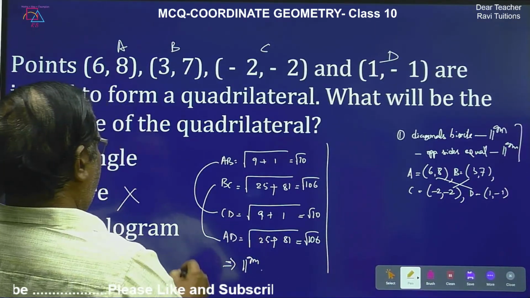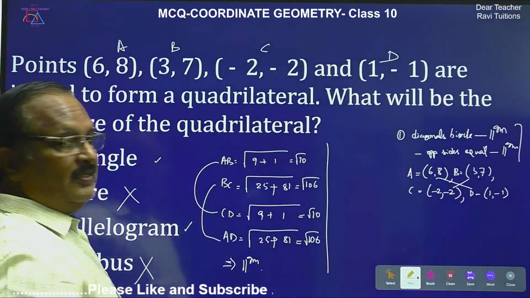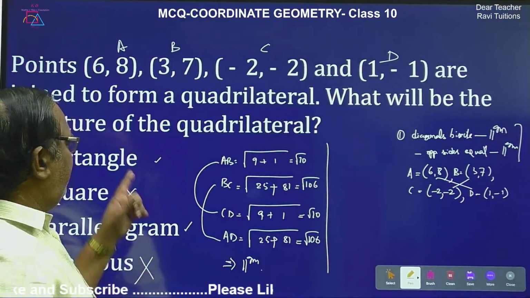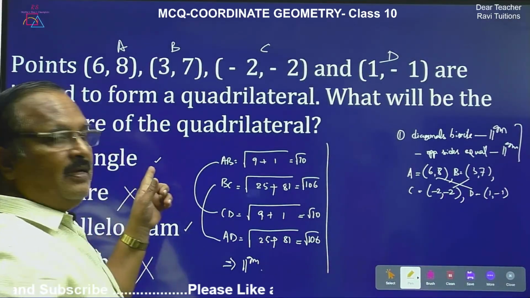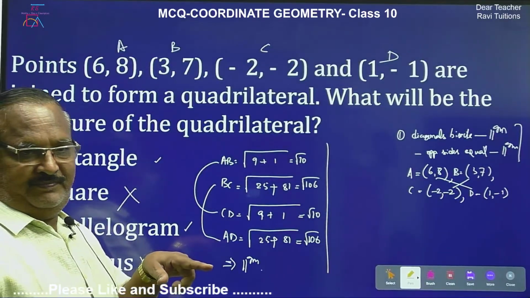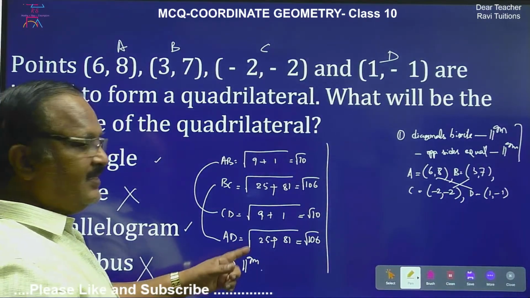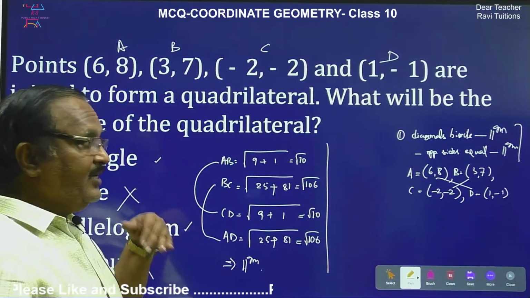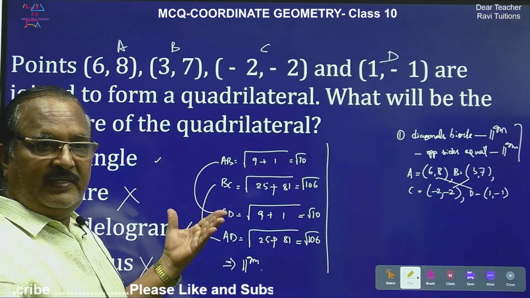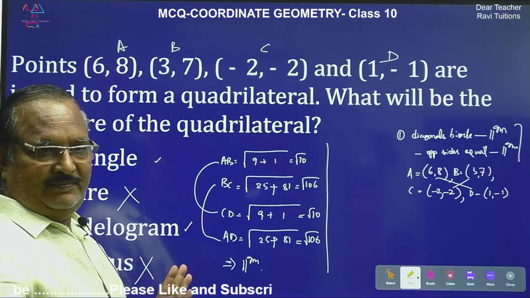So now the options are this one and this one, rectangle also. It is a parallelogram. Rectangle is also a parallelogram, but in a rectangle, diagonals are equal. Okay. So by showing this, we got that this is a parallelogram. Rectangle is also a parallelogram, but rectangle has an extra property: in a rectangle, diagonals are equal.